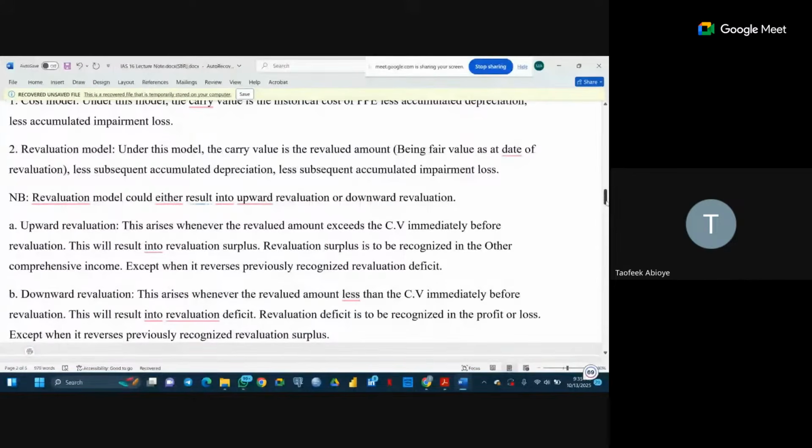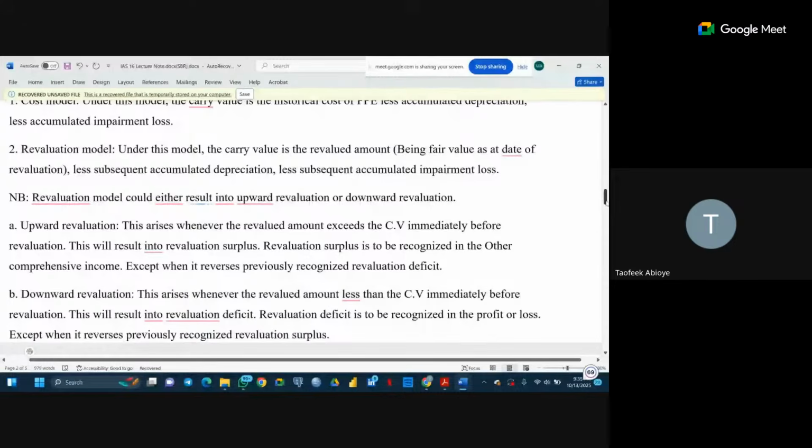That means the carrying value is less than the revalued amount, so we have upward revaluation, a revaluation surplus. Either way, it means the value of the asset has appreciated over time. The value of the asset has increased from the carrying value we had before, compared to the current value of the asset.